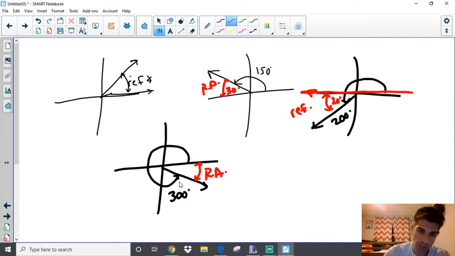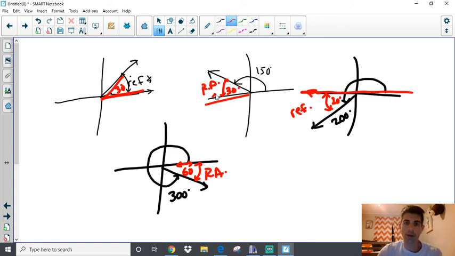I already had 300. Now I have to complete this because I've got to get to this x-axis here. How many degrees are left? That's 60, because together it's going to make a full circle, and a full circle is 360. And then let's say that this angle was 30, the reference angle is still 30. That one doesn't really change too much. So just keep that in mind.